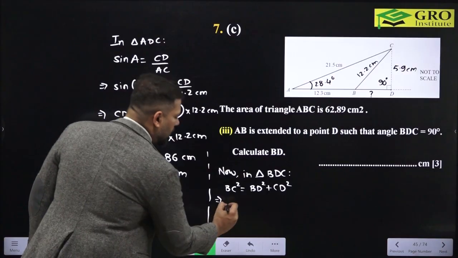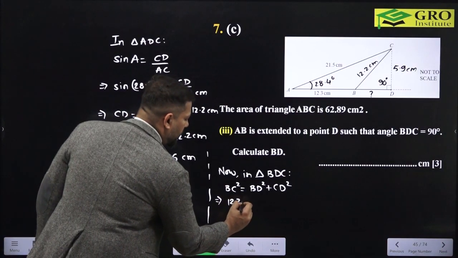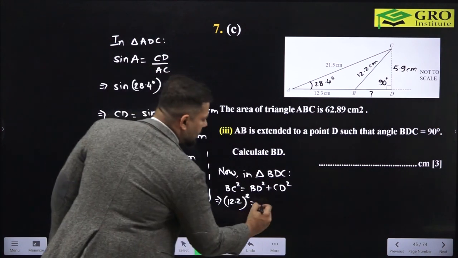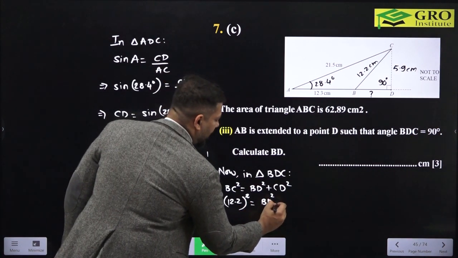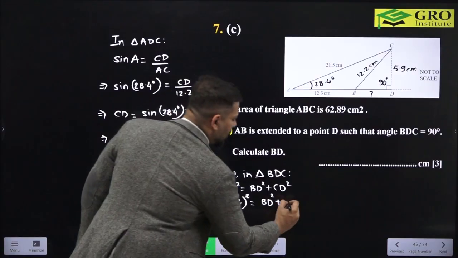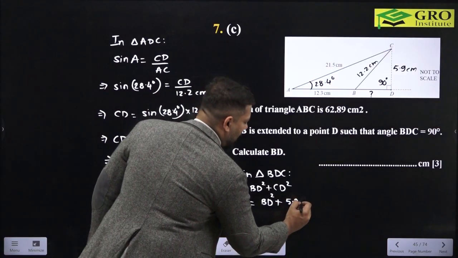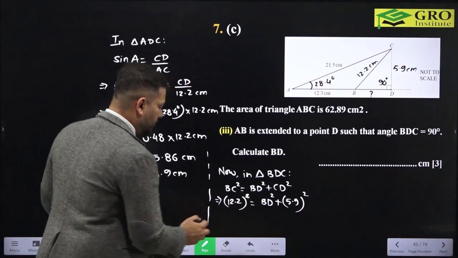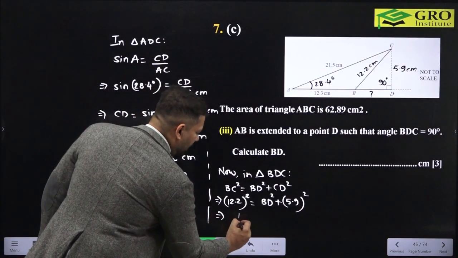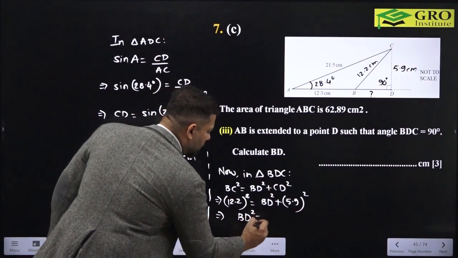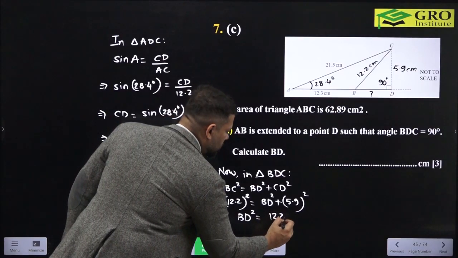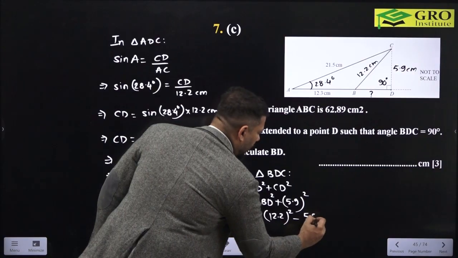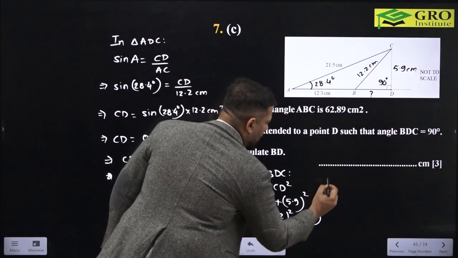What is BC? We are getting it as 12.2, so 12.2 whole square. What is BD? It's still not known. We are about to find it out. And CD is 5.9, so it is going to be 5.9 square. Let us quickly find out. If I further solve it, I'll find out BD square to be equal to the difference of the square of 12.2 and the square of 5.9.